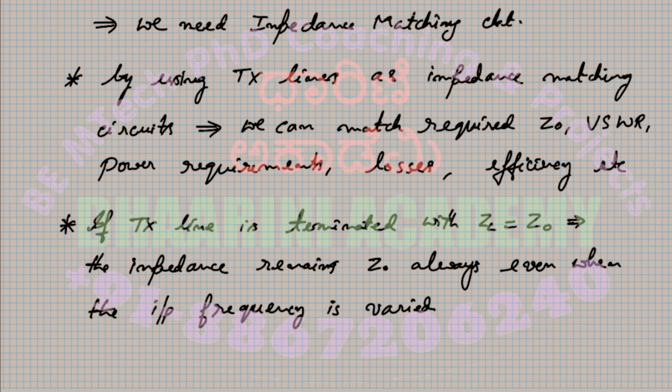I have not used the word R here, because there can be R as well. That's why I have not written just jX and minus jX. I use a Z here because it can contain R plus jX or R minus jX, or only R, or only jX. That's why we use the term Z here, impedance.